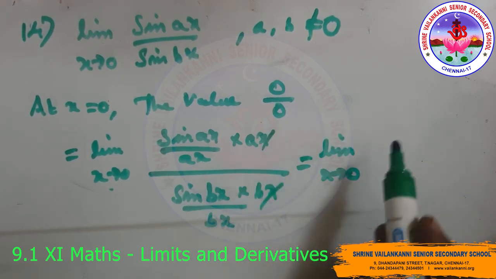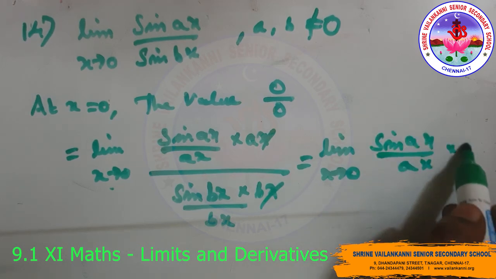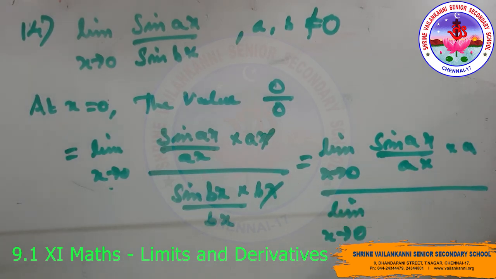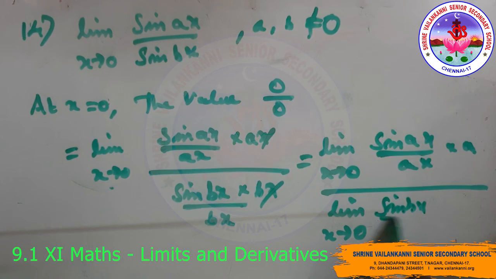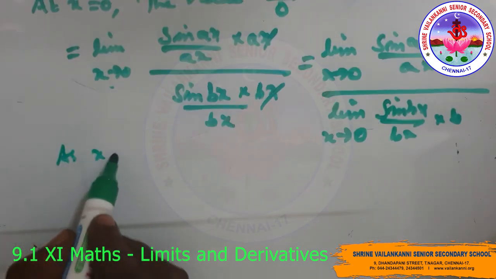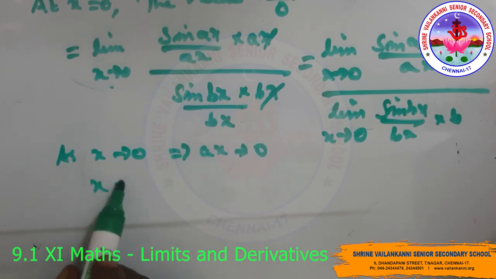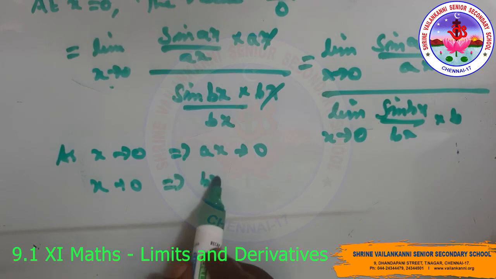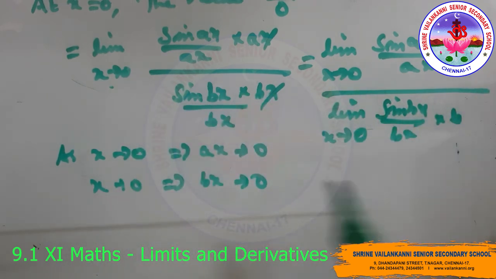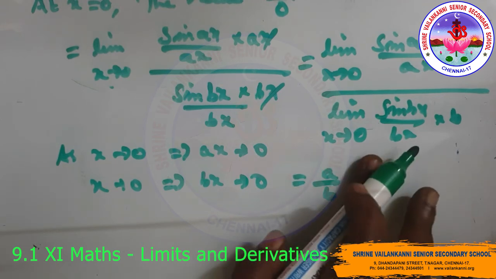We can cancel x, sin ax by ax into a by limit x tends to 0 sin bx by bx into b. As x tends to 0, ax tends to 0. As x tends to 0, bx tends to 0. So we get a by b into 1, which is a by b.